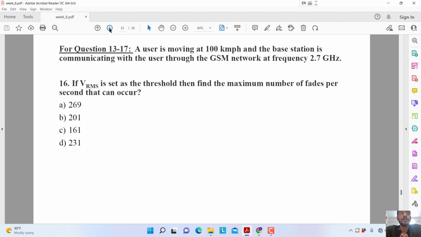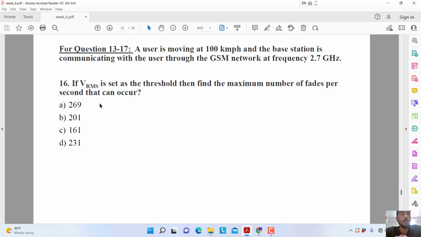Question number 16: if Vrms is set as the threshold, then find the maximum number of fades per second that can occur. Now we set the threshold at the Vrms, so we have to find the maximum number of fades per second.